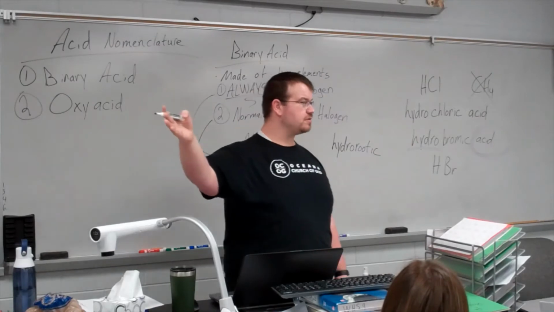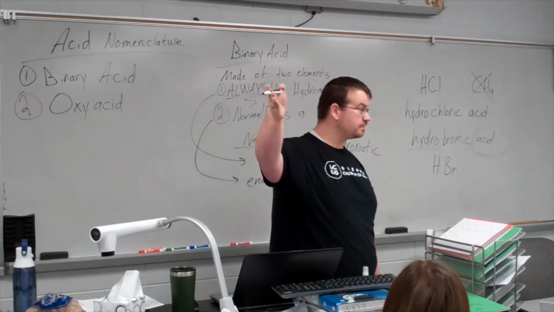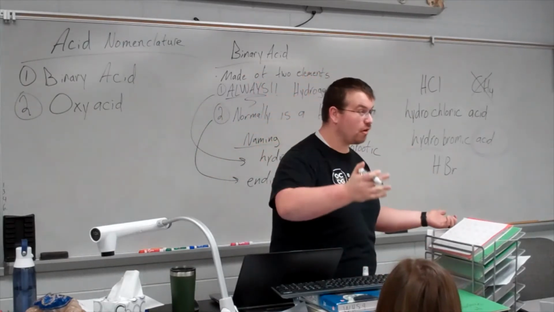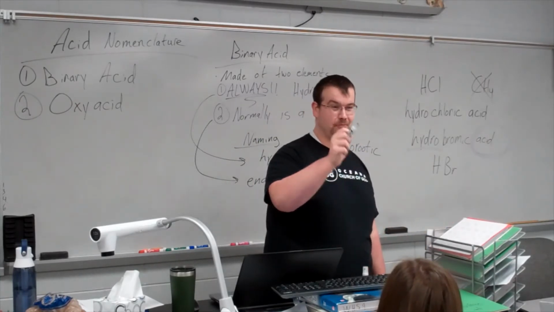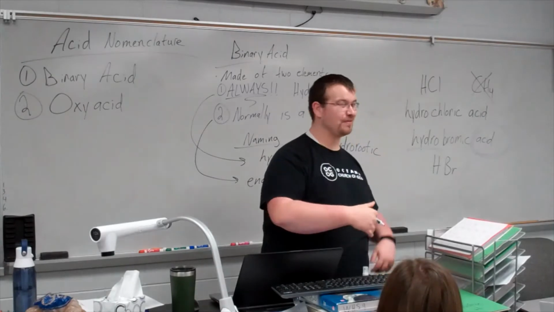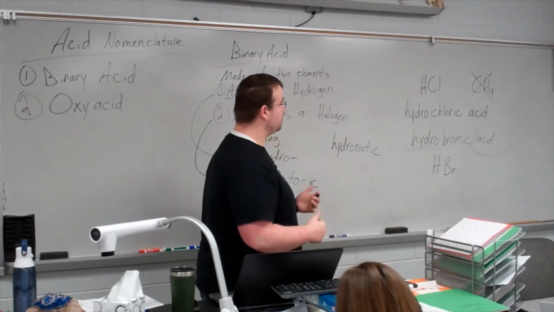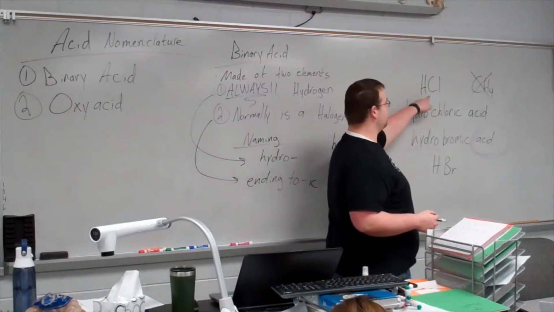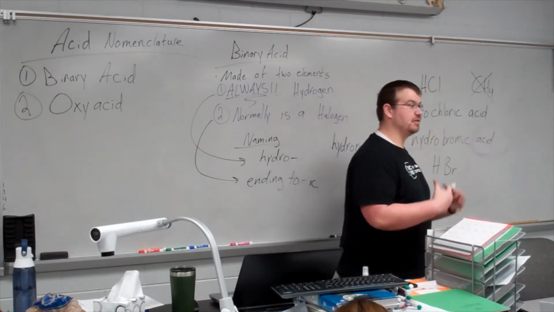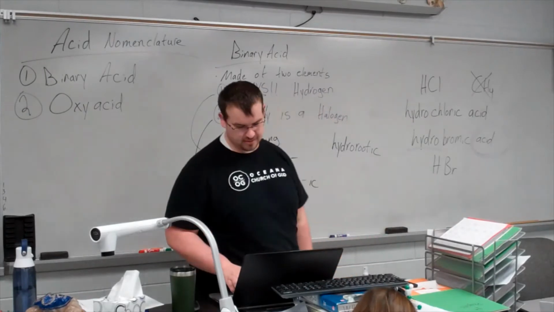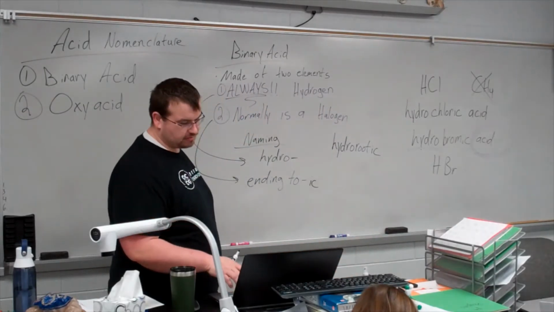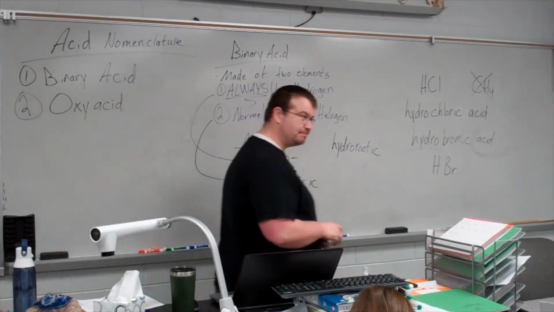So all the halogens come from what column? Which has what charge? -1. You're right though. It comes from the 17th column, so it has -1 charge. So we only need 1 hydrogen. The hydrogen's hiding the charges. You guys good? Yes, sir. Simple enough? Not that complex, right? So far.